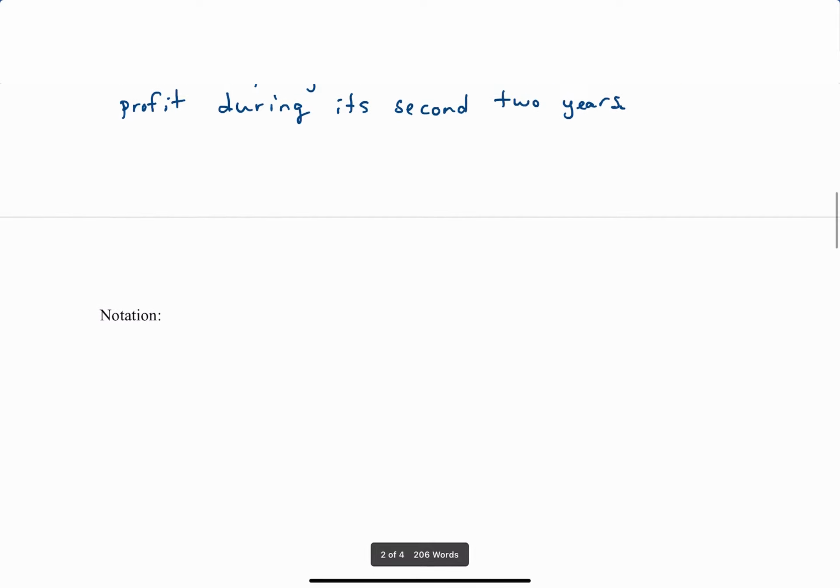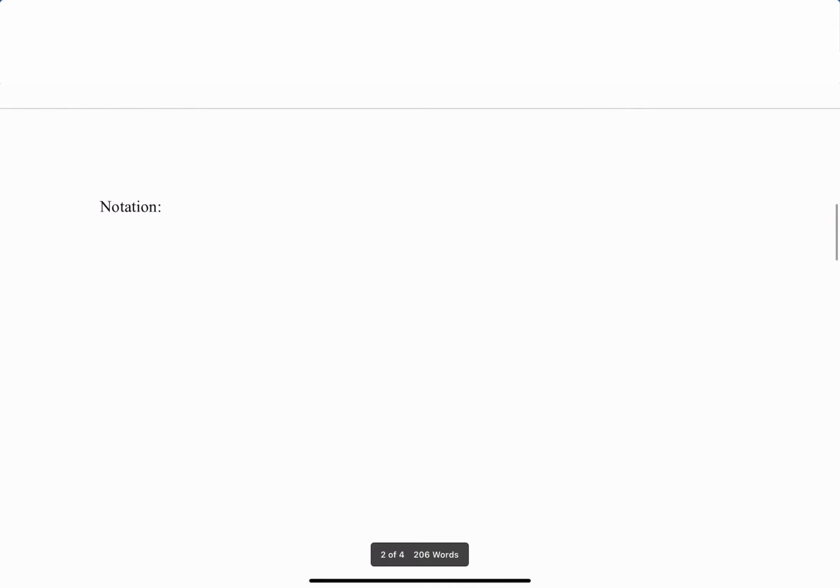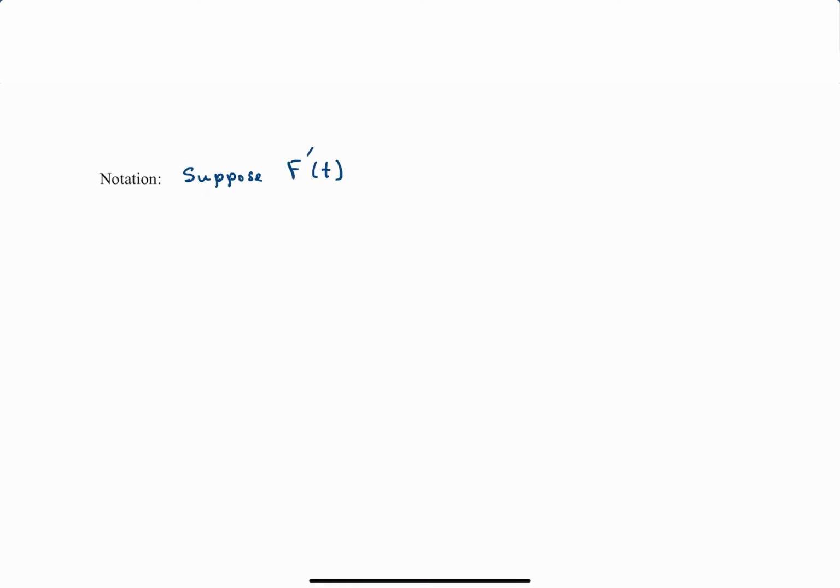And there's some notation that goes along with this type of problem. To set up the context, let's suppose we have some function capital F of t. And when I differentiate it, I get a function little f of t.